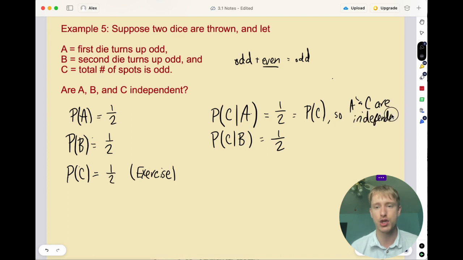That means that A has no bearing on the probability of C whatsoever. Likewise, the probability of C given B is also 1/2, which is the same as the probability of C. So C and B are independent.